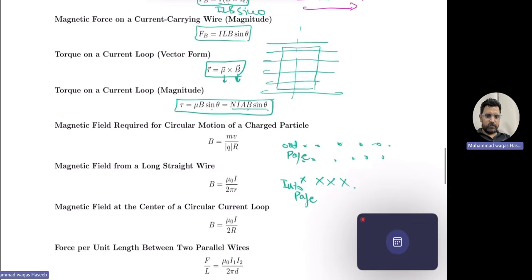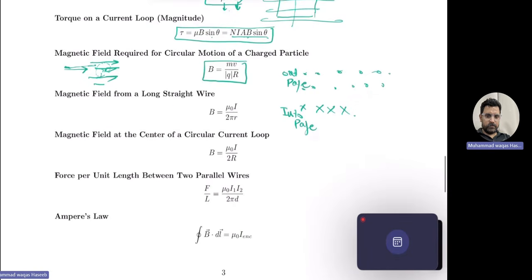When a charged particle moves in a magnetic field, it moves in a circular path, and the magnetic field can be calculated by this formula, B equals mv over qr, where r is the radius of that circular motion.